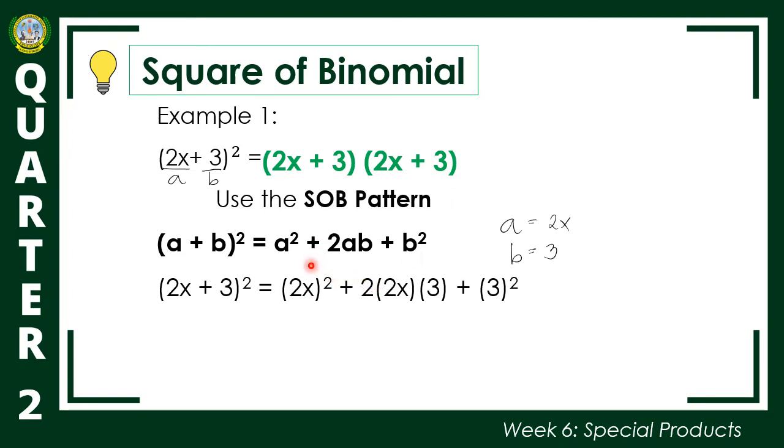And then, after that is, the second term, 2ab. So, magiging 2 times 2x times 3. And then, the last term would be b squared or plus 3 squared. Okay? And after that, we are just going to simplify this. Remember po ulit, so for this particular part, this is what we call the power of a product.